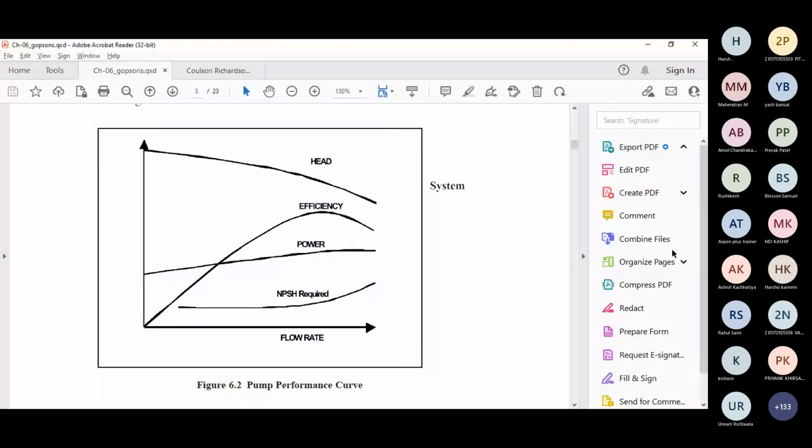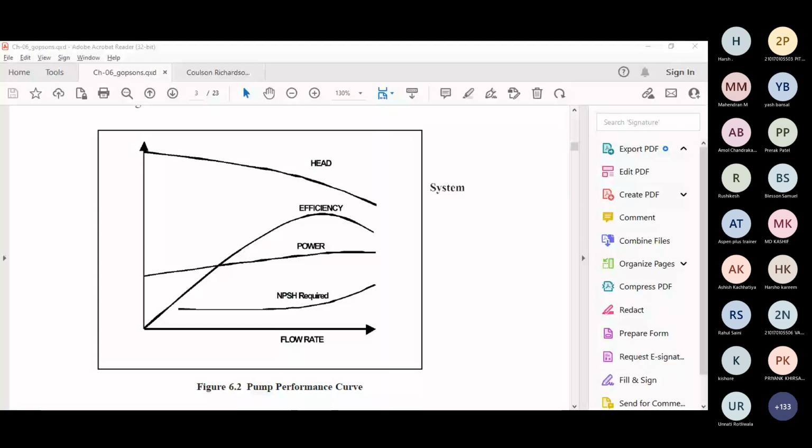Sir, I just have one question. You said that the discharge valve shouldn't be closed while using a positive displacement pump. If there is any emergency, what can we do at that time? Like any plant emergency. Sorry, I didn't get your question clearly.